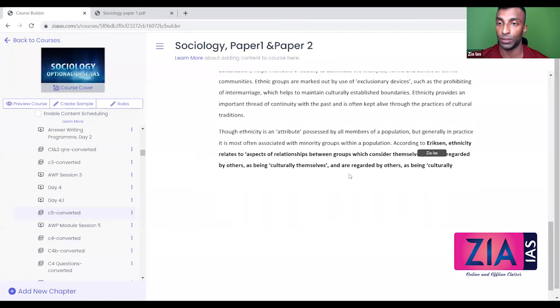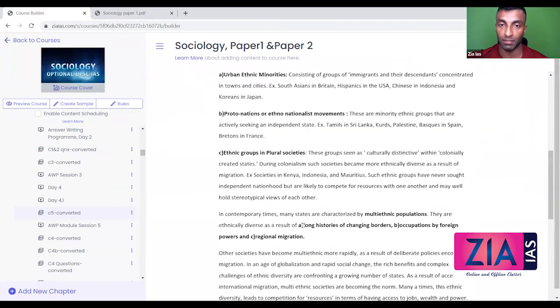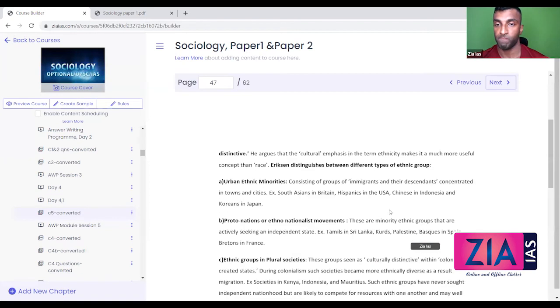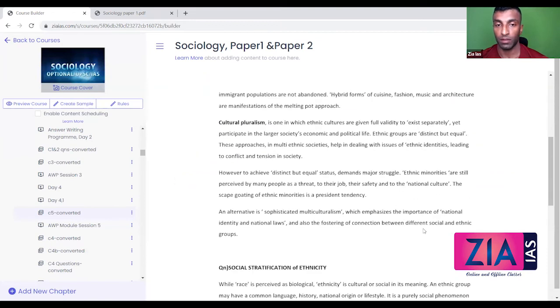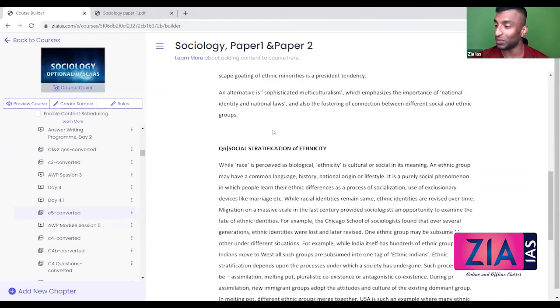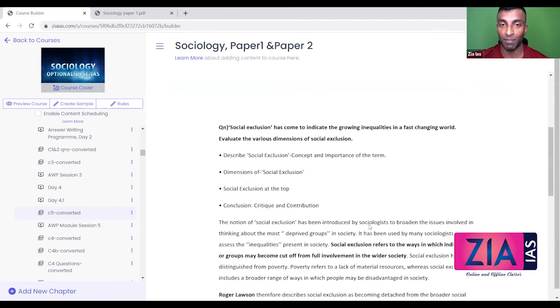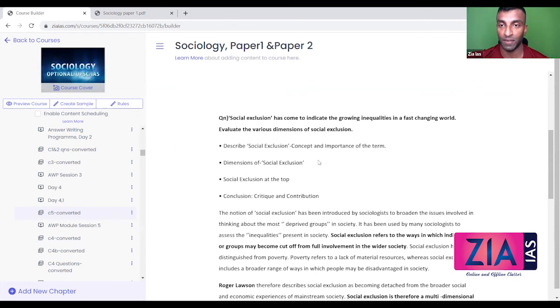So there's a detailed explanation of ethnicity, multi-ethnic populations and everything, migration. All right, guys. So again, some more is coming. Social stratification and ethnicity is coming. So that is how, same topic, different question.